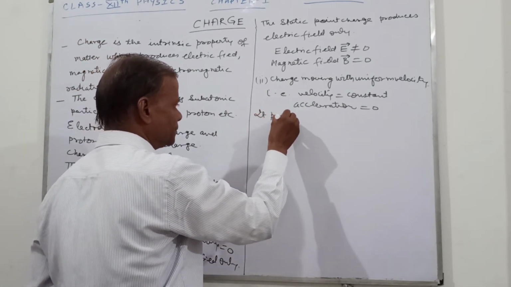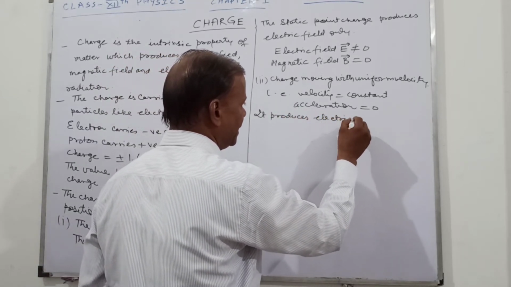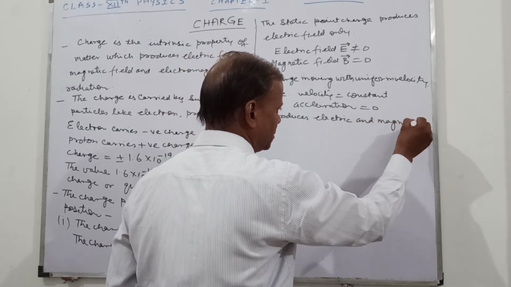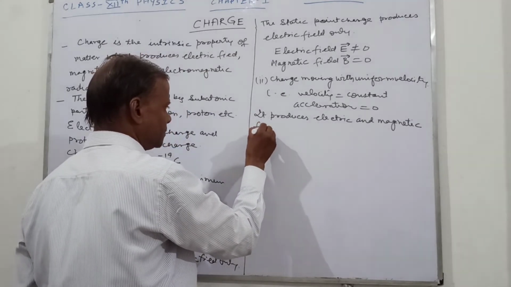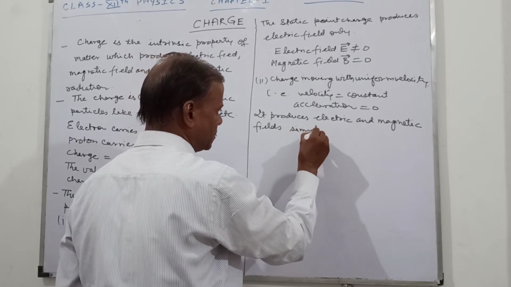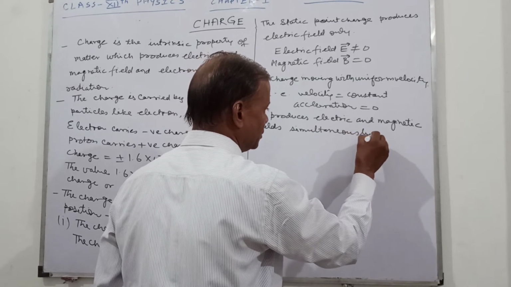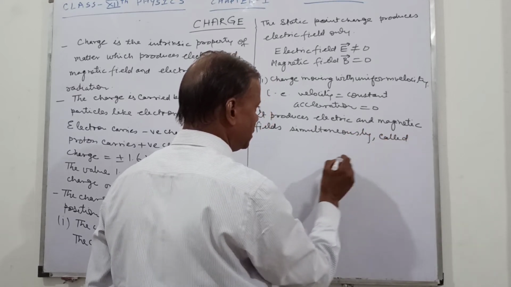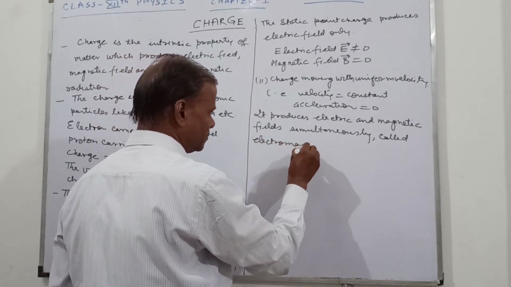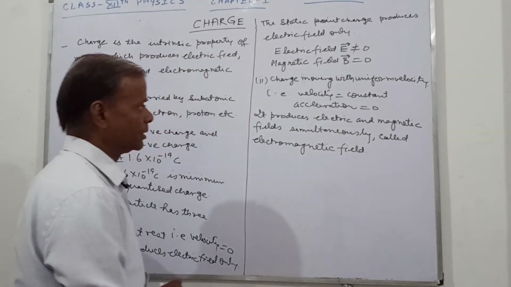it produces electric and magnetic fields simultaneously, called the electromagnetic field.